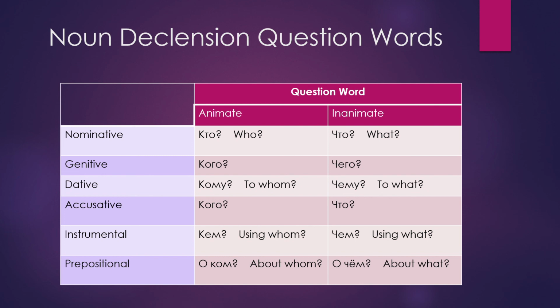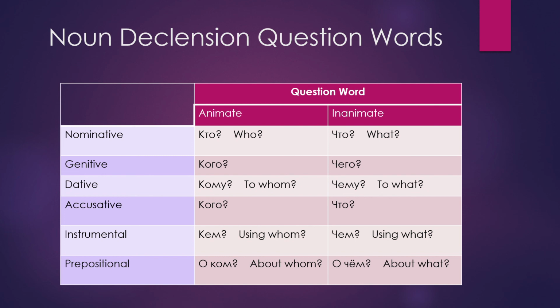For genitive, it is about possession, right? So if I want to ask whose is this, or what is this, if it belongs to an object, кого, чего. For dative, it's about to whom, right? For the indirect objects, кому and чему.